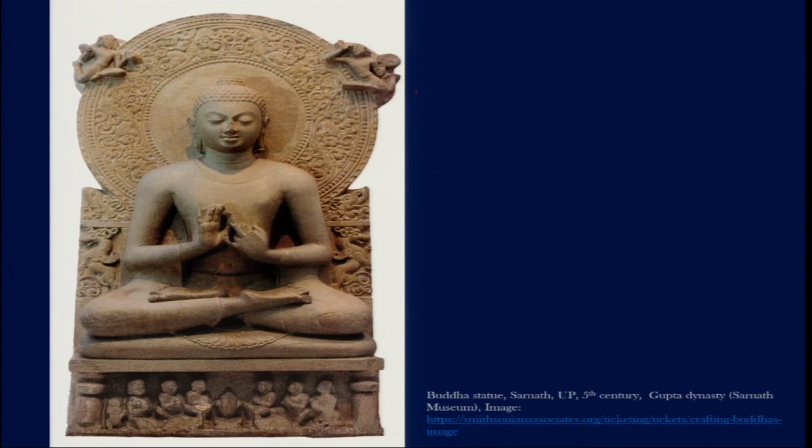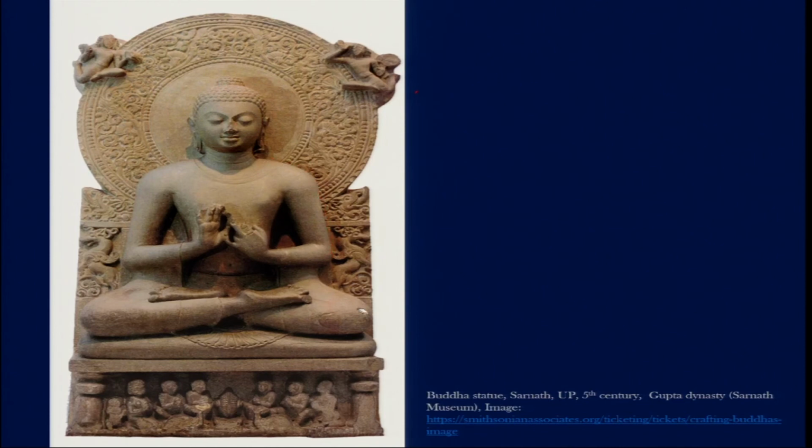The entire halo has been carved in very low relief, so that the lines are there, but they do not disturb the contour lines of Buddha's body. The contour lines of Buddha's body are carved in high relief, and that is the reason they have this very prominent visual presence in this sculpture.